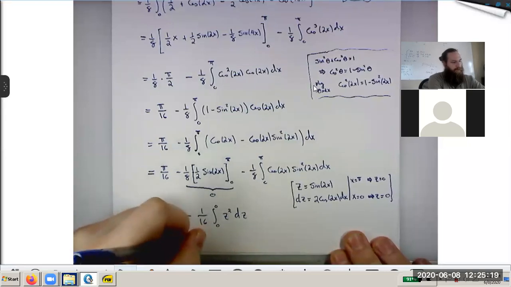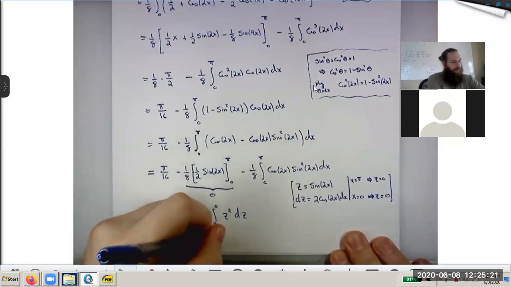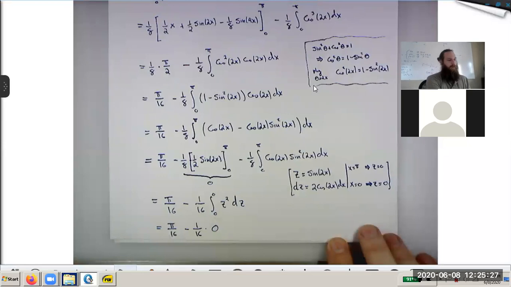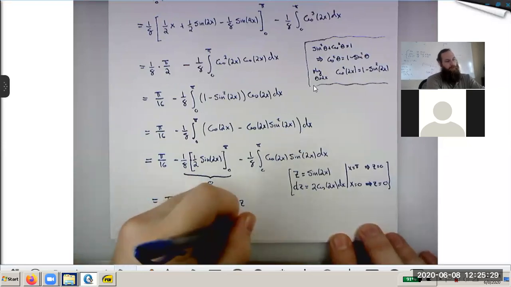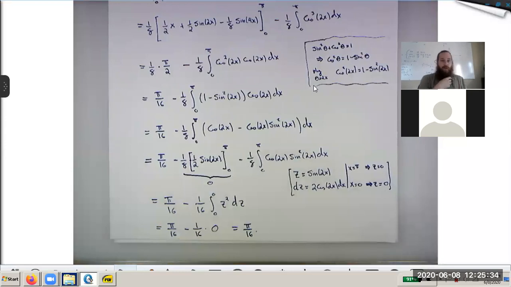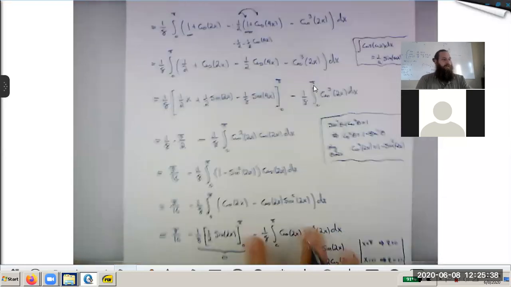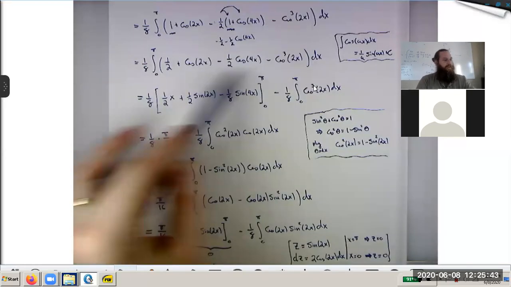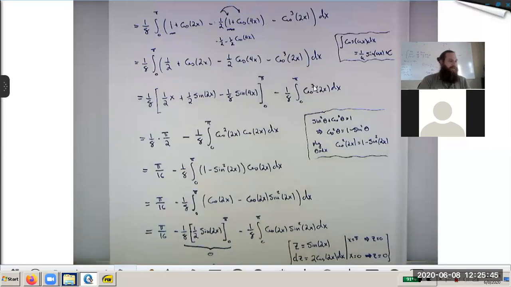You can write this as minus 1/16 times 0, because you're integrating from 0 to 0. So the whole thing here is pi over 16. In other words, the only contribution in this whole thing came from this guy. None of this gives us anything. Cute, right? Maybe even a little infuriating.